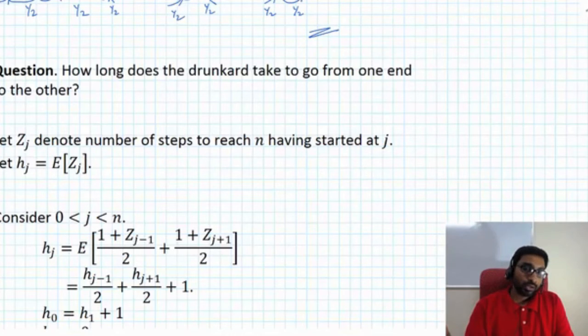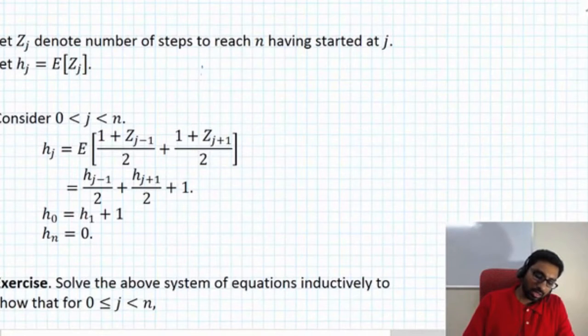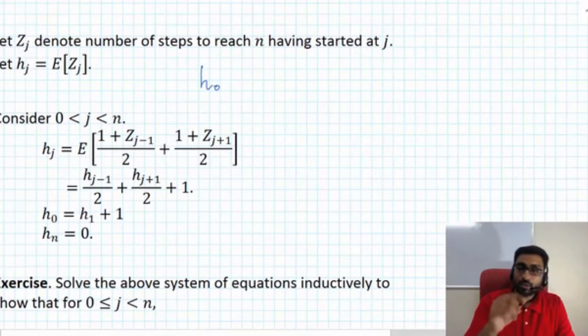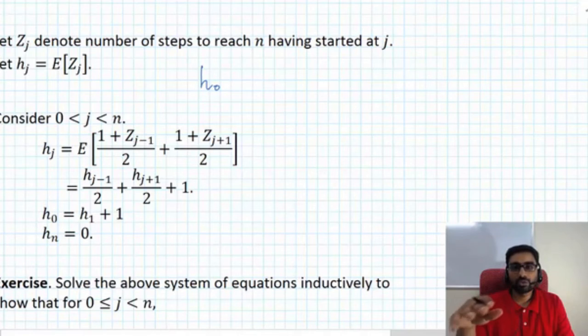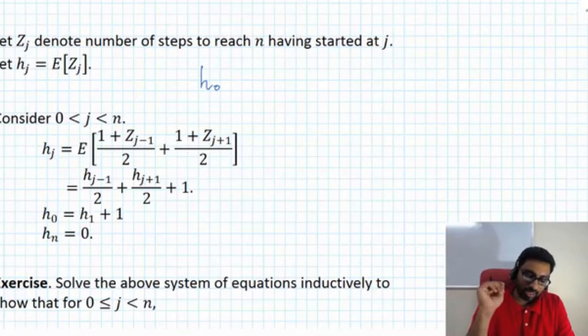We use h_j to denote the expected value of Z_j. And we are particularly interested in h_0, which is the expected number of steps that this drunkard will take to reach n, having started at the very other extreme end, at state 0.